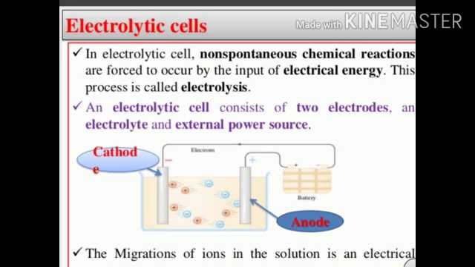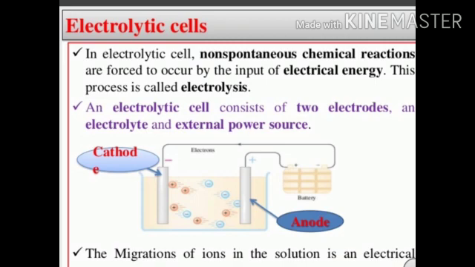Cations accept electrons from the cathode to become neutral species, whereas anions give electrons to the anode to become neutral species. Thus, oxidation occurs at the anode while reduction takes place at the cathode.